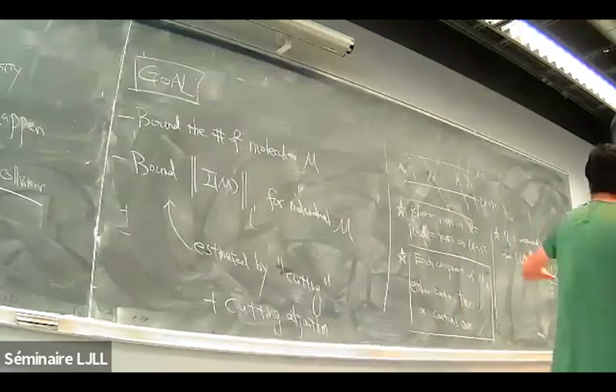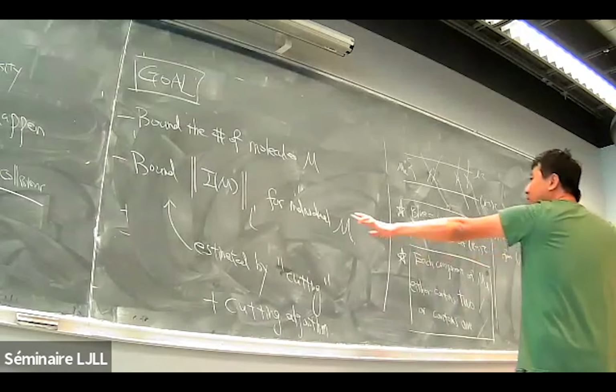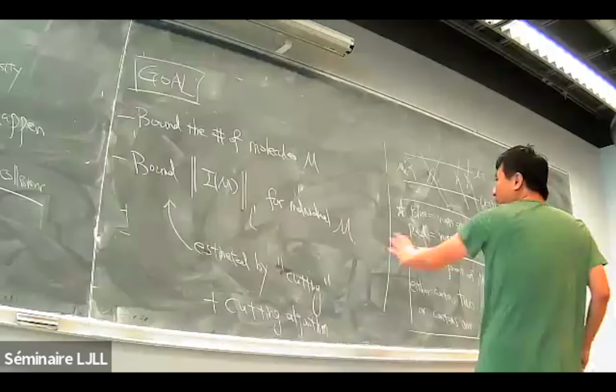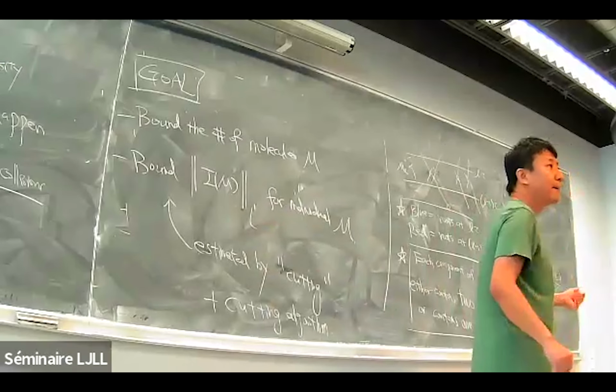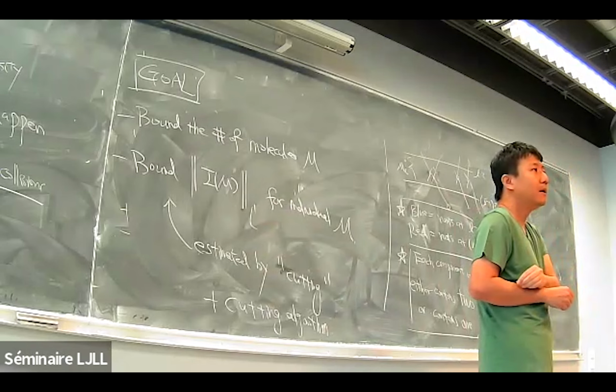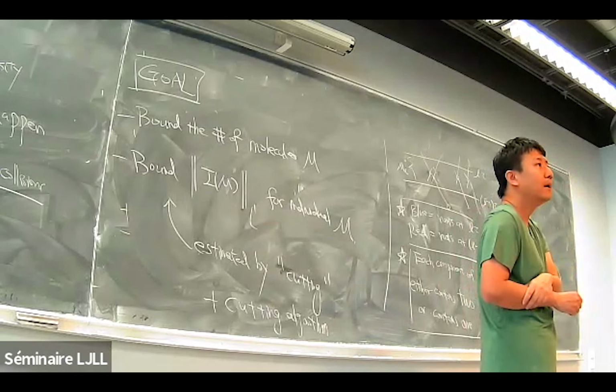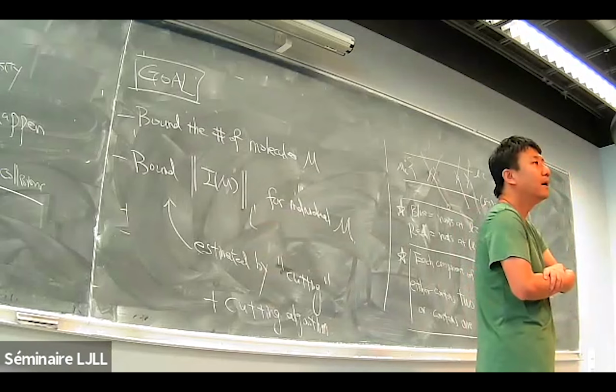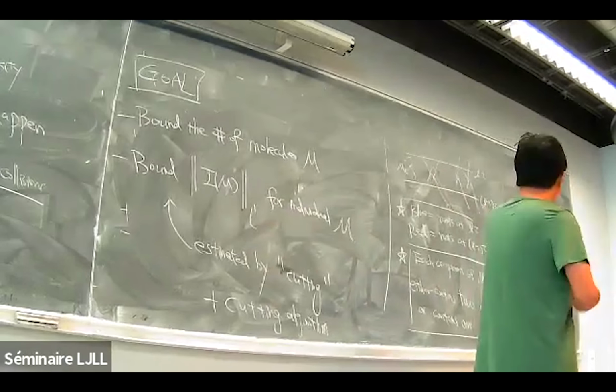So no, it's not a sum, it's an integral. There is no sum. For each fixed M, it's just an integral. Of course, we are summing over different M, but for each fixed M, it's an integral. I cannot say that the integral is the sum of your sequence of integrals. No.